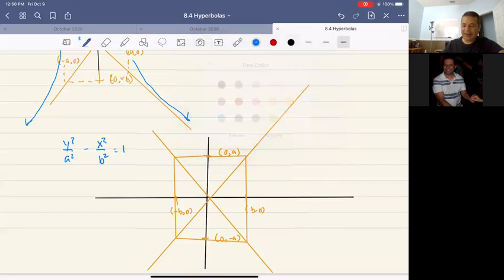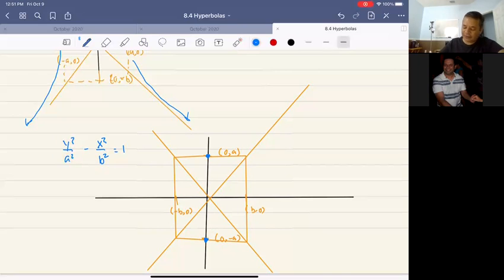Now, where does the hyperbola start? Looking here, if x equals 0, then y equals plus or minus a will work. If y equals 0, this equation doesn't make sense. I can't solve that without going into complex numbers.